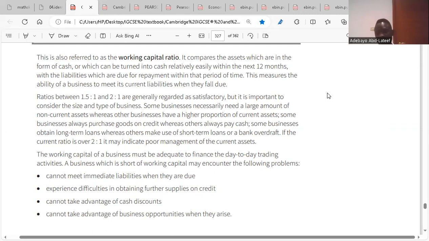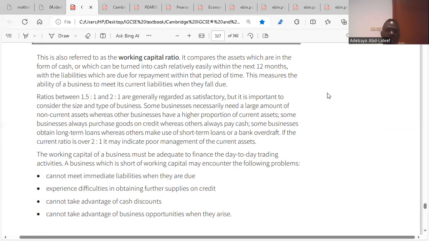Then for liquidity ratios, one we have is the current ratio, which compares your current assets with your current liabilities. Your current assets are those assets you have that can last within a year. You compare them with your current liabilities, those you have to pay within a year. So that is the working capital ratio or current ratio.